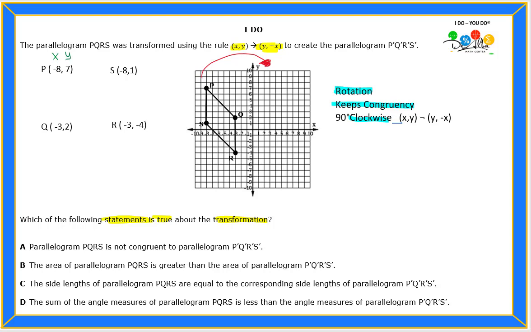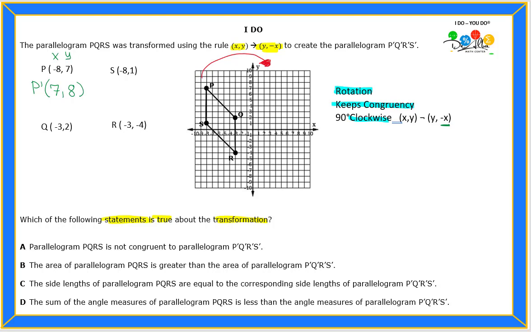The rule says my P prime is going to change: my y becomes my x, and my x becomes the y, but multiplied by a -1. Therefore, it becomes +8. That negative x doesn't mean it becomes negative; it means it multiplies by a negative.